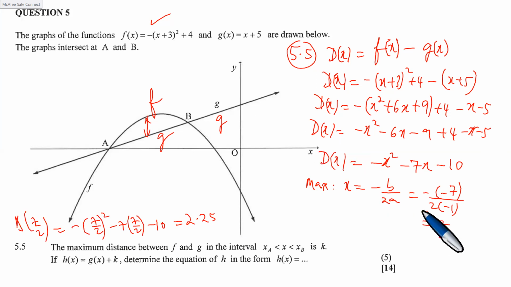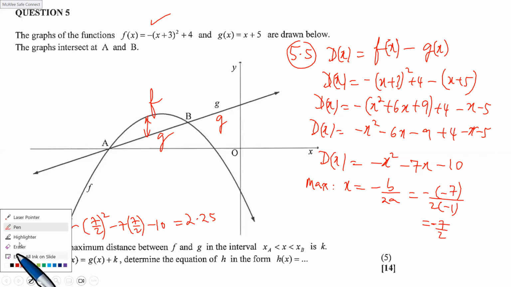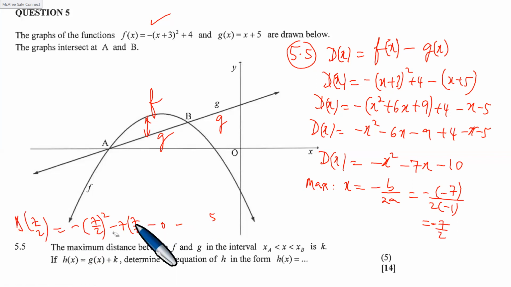Please note that at this point this 7 over 2 is negative, so you will have a negative as well. Let me write clearly here so that you have the additional negative sign and everybody understands.